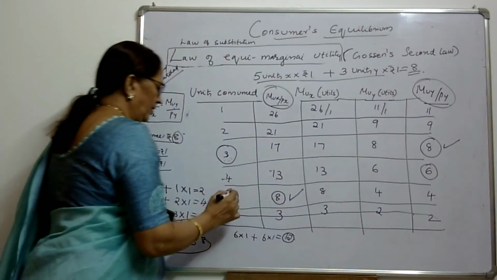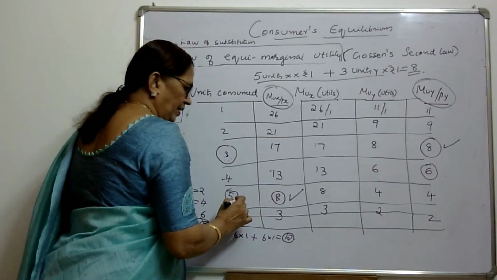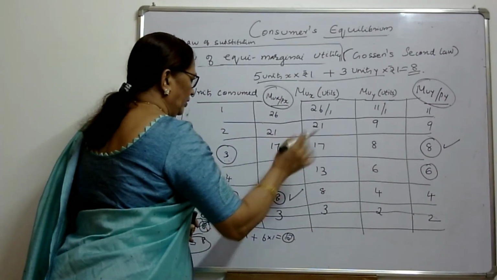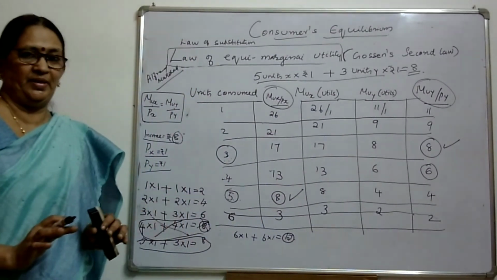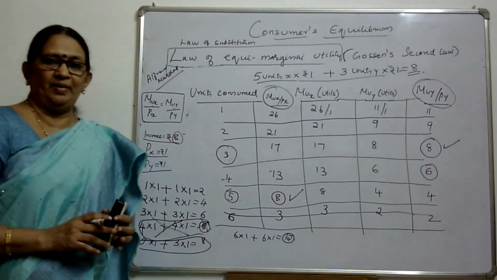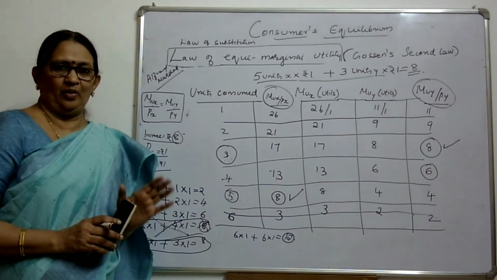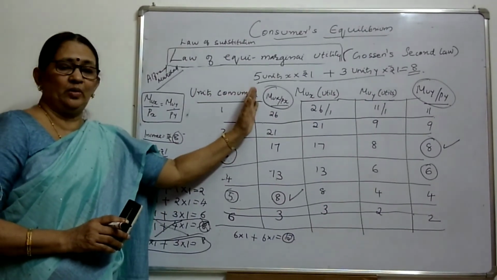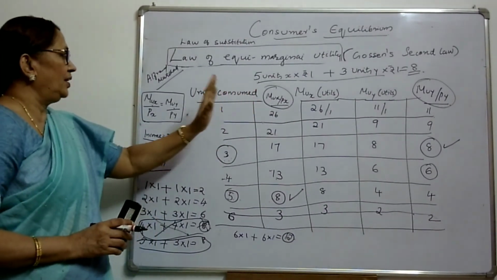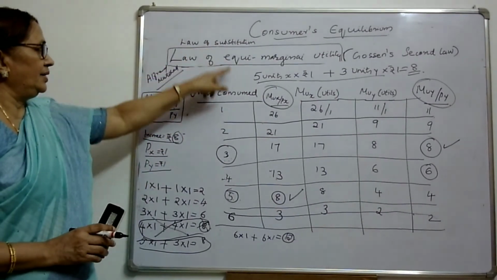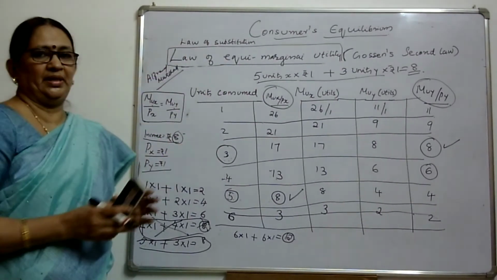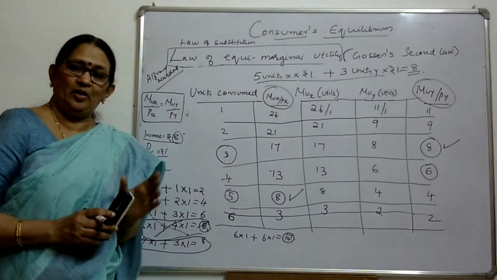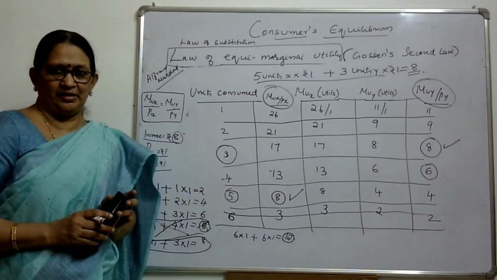He will stop by consuming 5 units of good X and 3 units of good Y, where MUx by Px is equal to MUy by Py is equal to income of that consumer. So, why is this law called law of substitution? Because the consumer is substituting 2 commodities in order to derive maximum satisfaction.